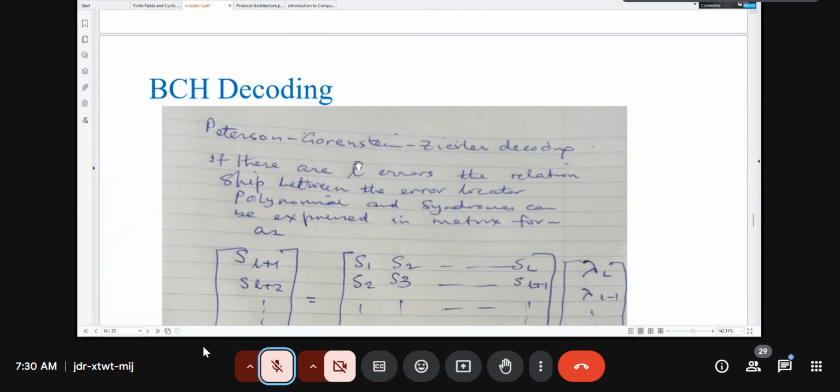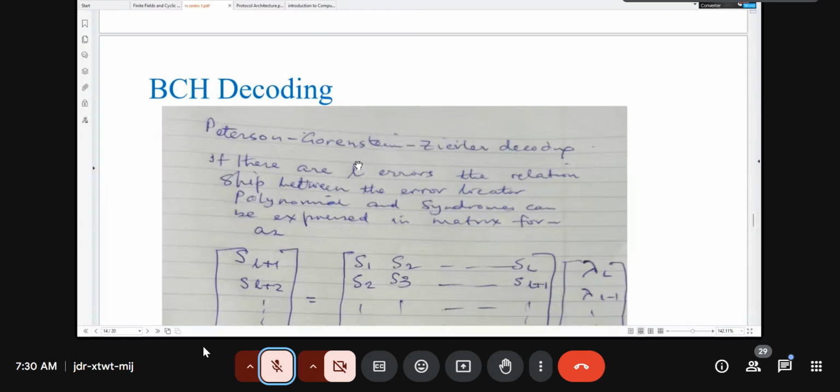Because I prefer that any time I use any theorem or equation, I should be able to derive it from first principles.